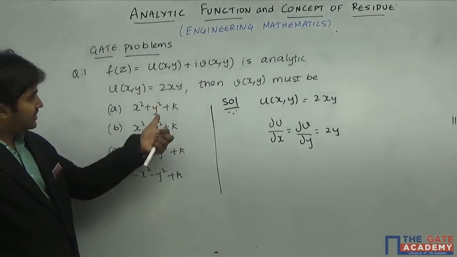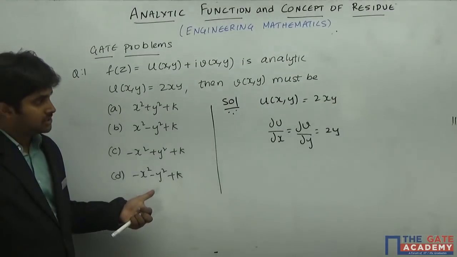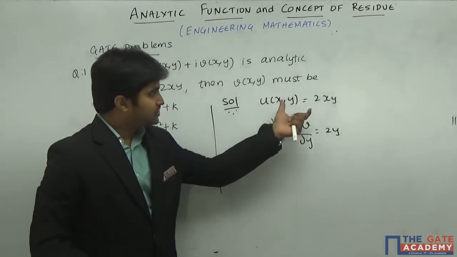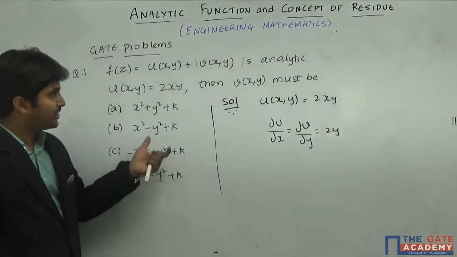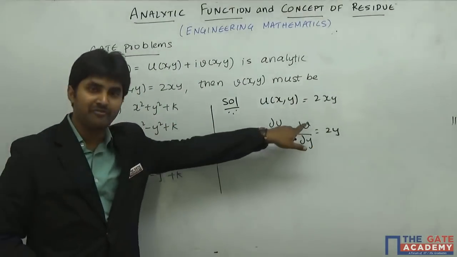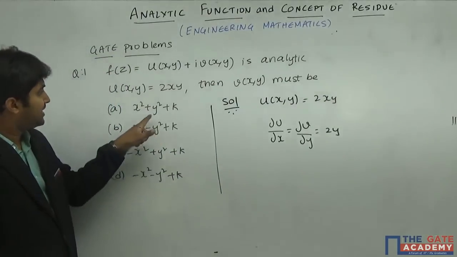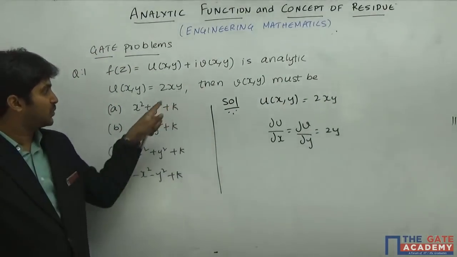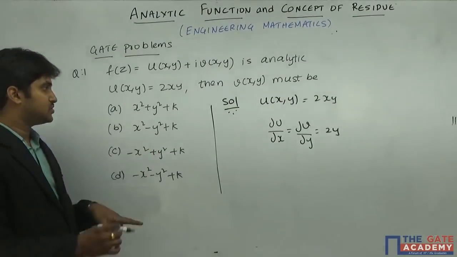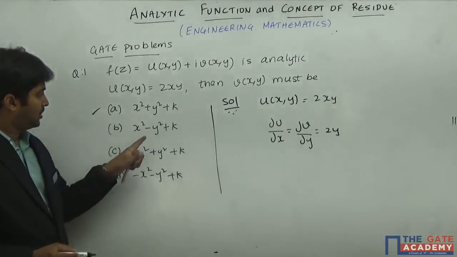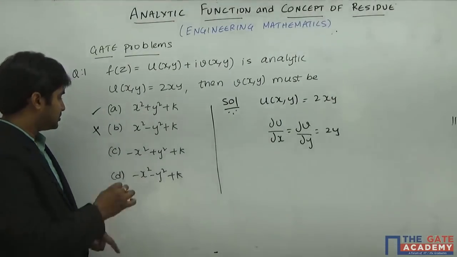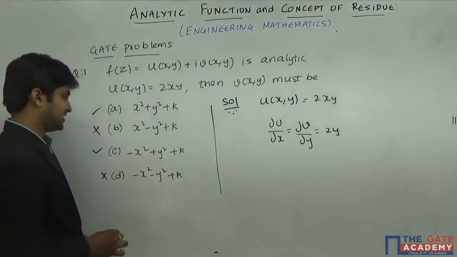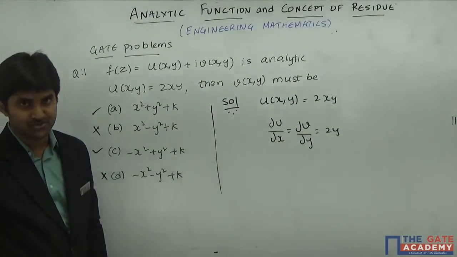So from the function, we are able to find dou u by dou x, which is equal to 2y. Now we can verify which of the options is equal to dou v by dou y. Here, if you differentiate this one, it is going to be 2y, so this passes the test. This is not going to pass the test because here you are going to get minus 2y. This is also going to pass the test. This is not going to pass the test. So we are able to eliminate two options.